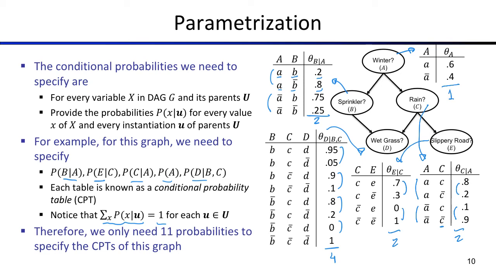What is the reason for this strange behavior? It is the fact that when we are conditioning on something, we will have a distribution for the variable for each possible instantiation of the conditioning variables, right? So here we have a distribution for b given that a is true, so this will sum to 1. And here we have a distribution for b when a is false.